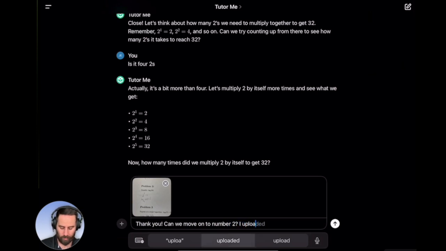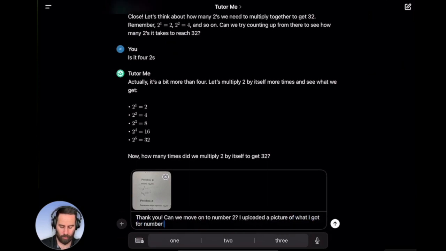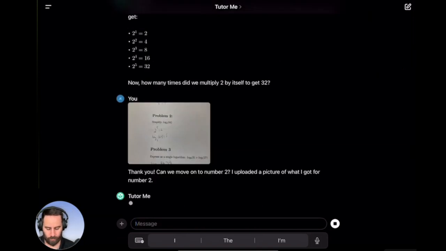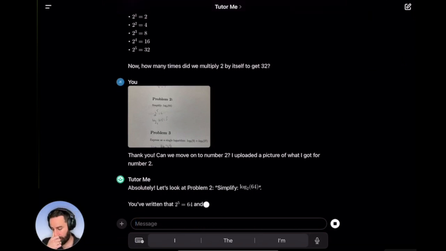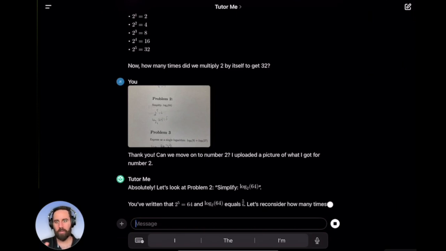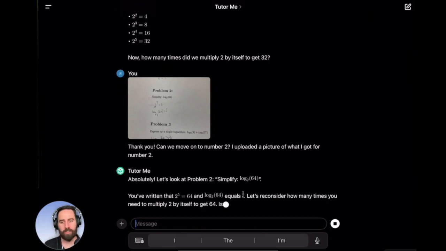I uploaded a picture of what I got for number 2. So I put log to the base 2 of 64 equals 5, because remember we talked about 2 raised to the what equals 64.